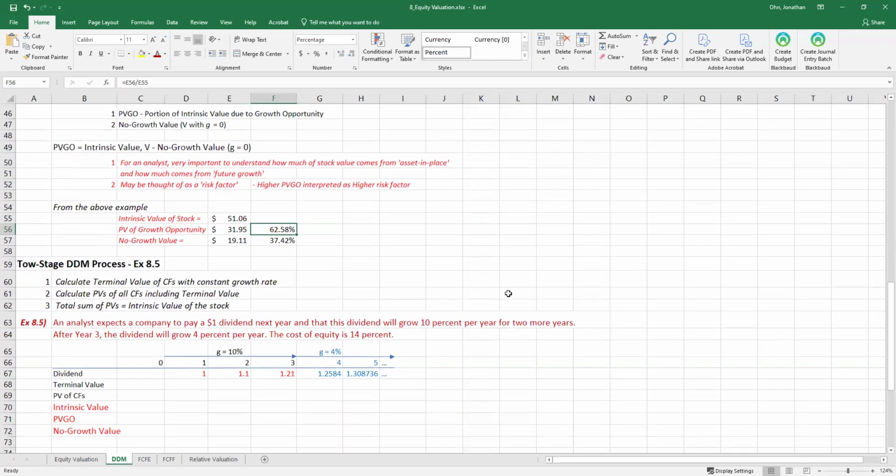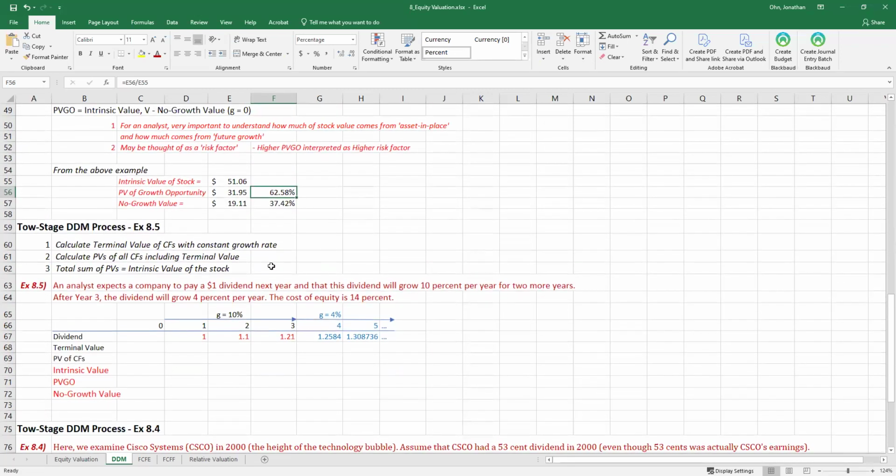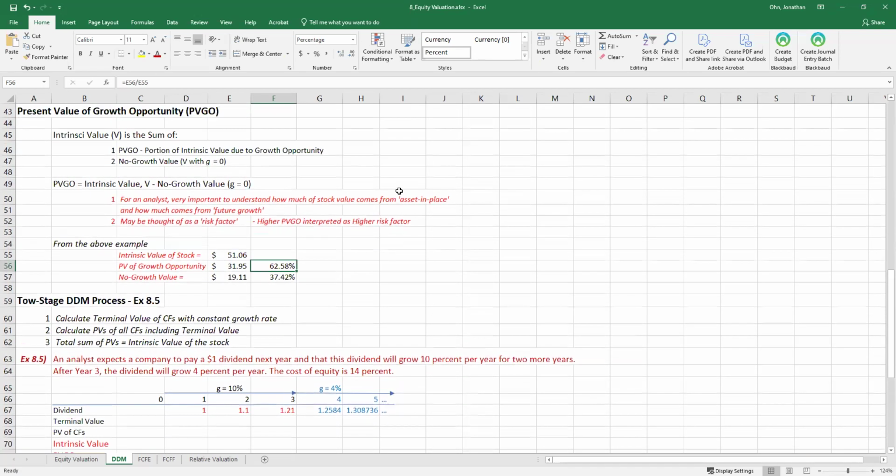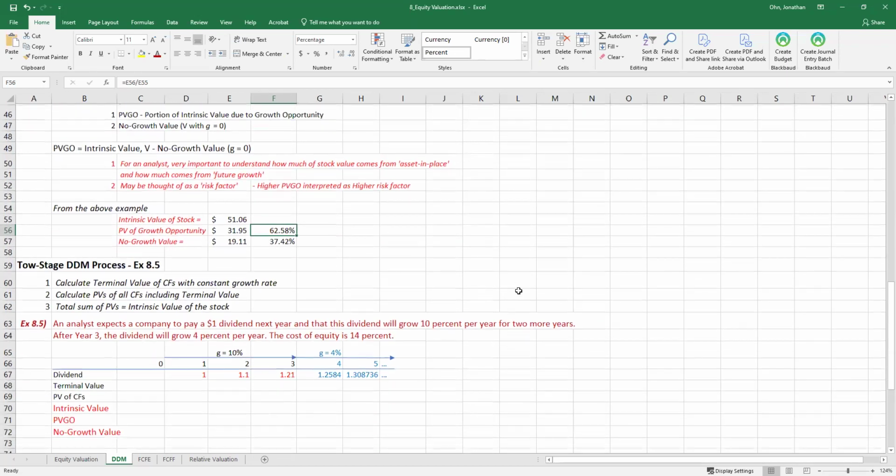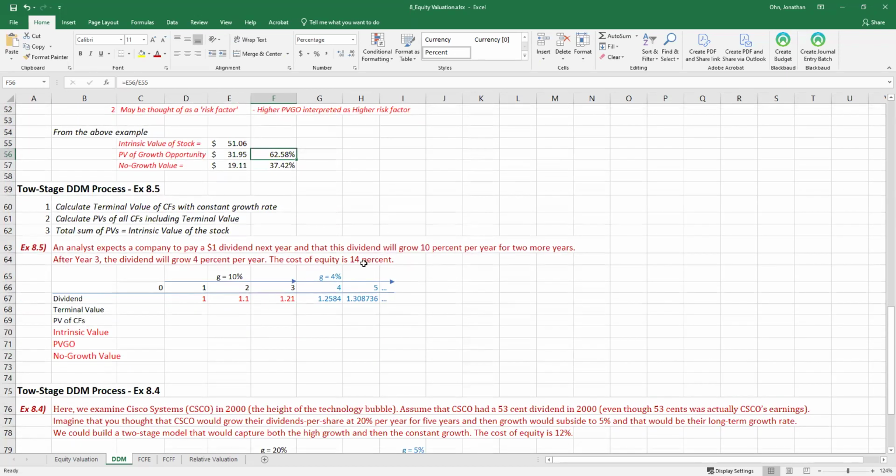Now this case is a combination of our simple model, which is included here. But for the first 3 years, the growth rate is 10%. It's quite high, unusually high, right?